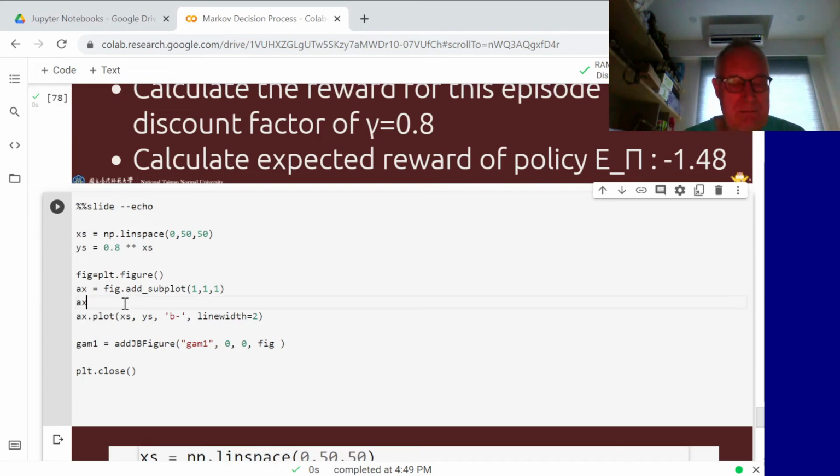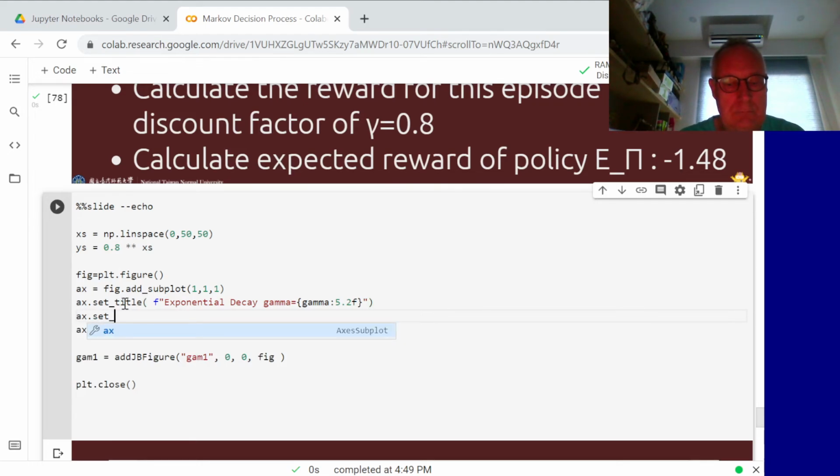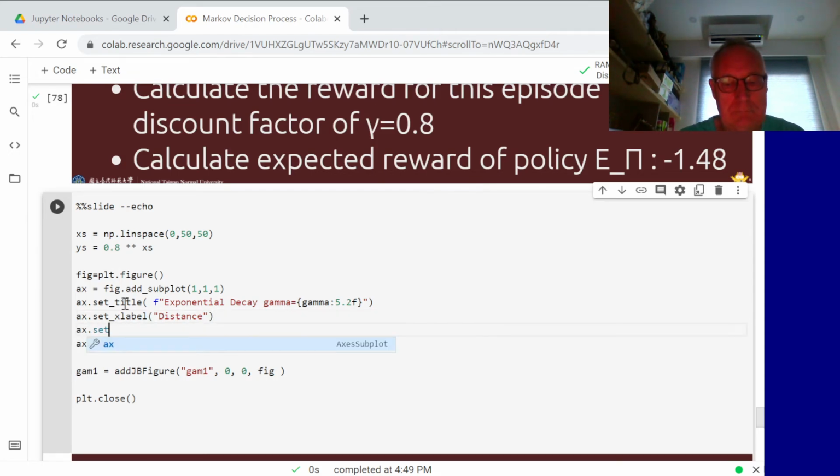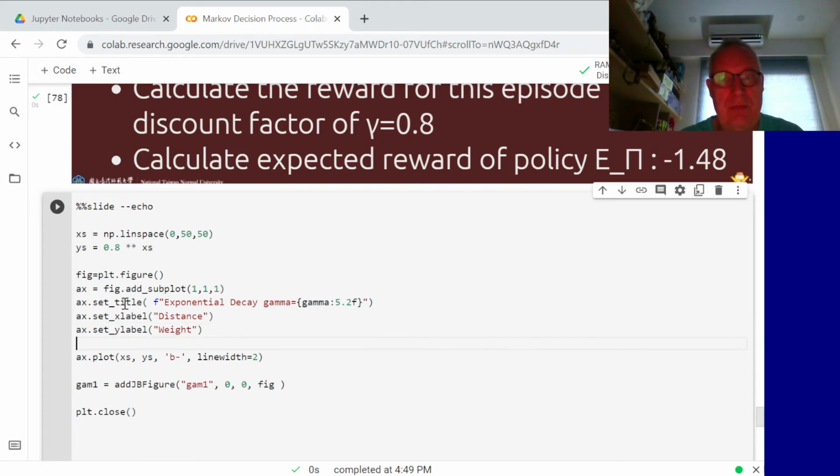And okay. So we have distance to state, set label, draw it all.